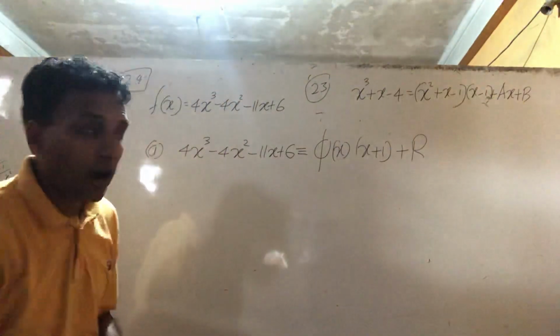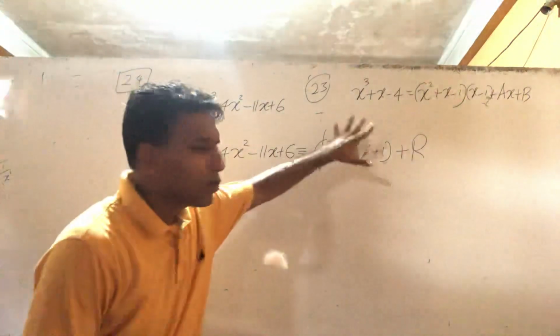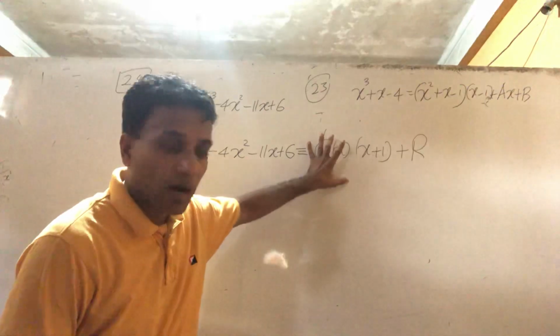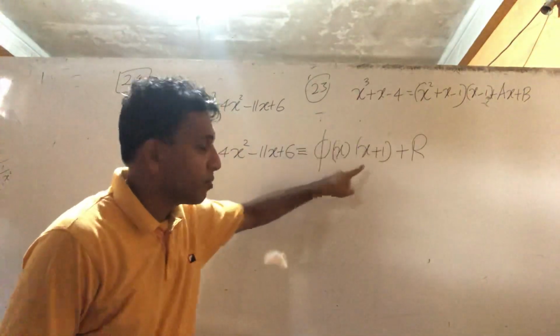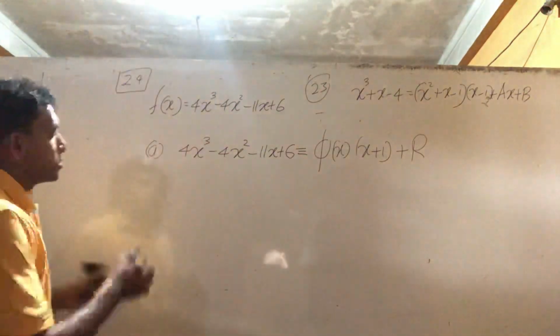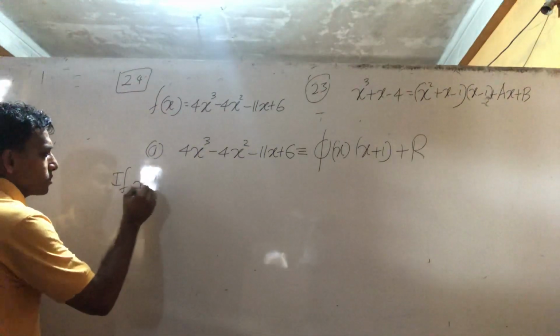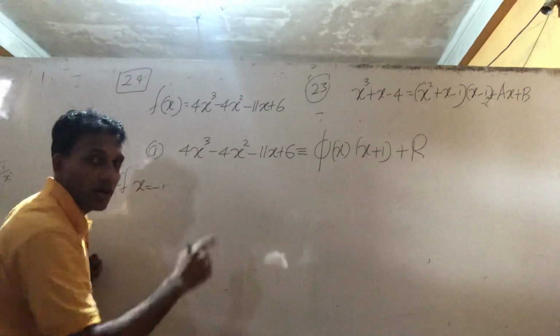Now how to find the R value? Make this part 0. We won't bother about the quotient part. If you put x equals minus 1, put x as minus 1 everywhere.